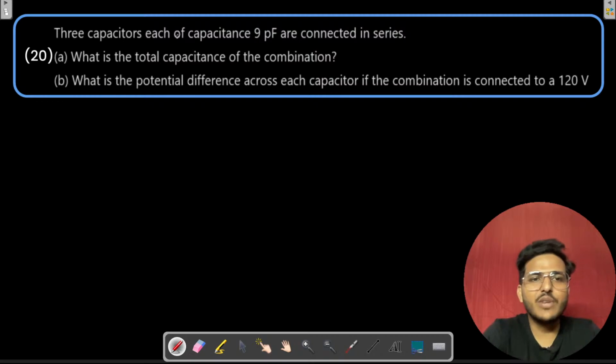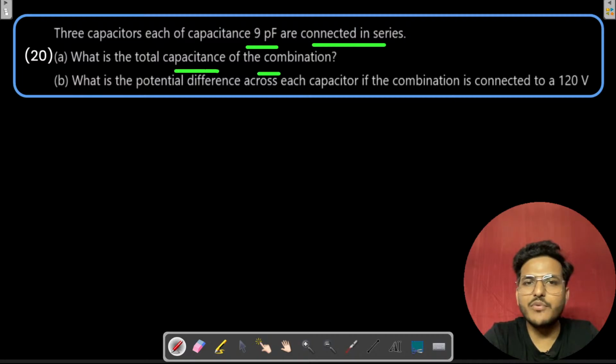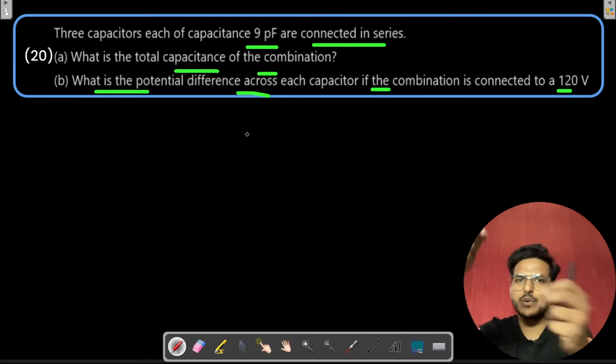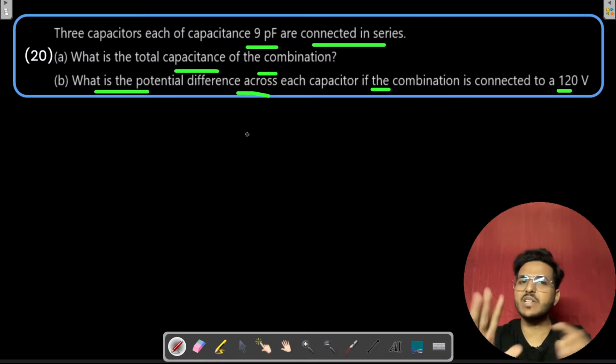3 capacitors each of 9 picofarad are connected in series. What is the total capacitance of the combination, and what is the potential difference across each capacitor if the combination is connected to 120 volts? First, as you know, the equivalent capacitance in series is 1 upon C equals 1 upon C1 plus 1 upon C2 plus 1 upon C3.